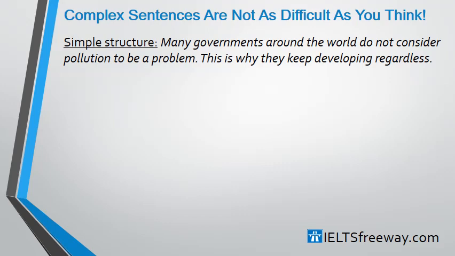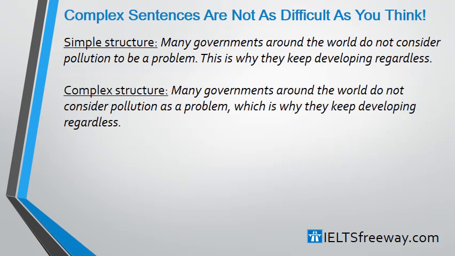This is why they keep developing regardless. Now, that's just 2 fairly simple sentences. Now, to make that into a complex structure, all you need to do is this. Many governments around the world do not consider pollution as a problem, comma, which is why they keep developing regardless.